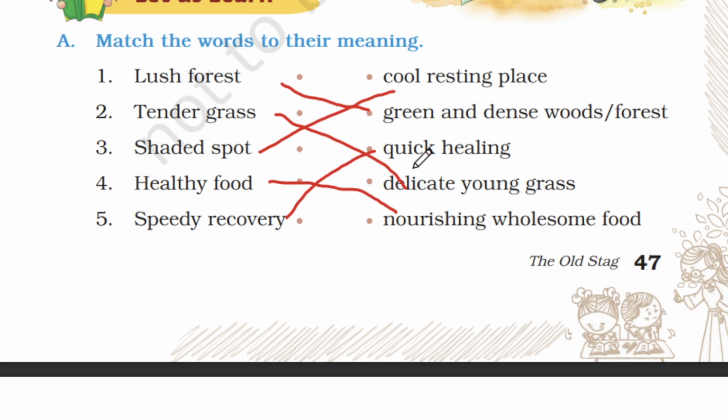Tender grass is baby grass. Shaded spot is like a covered place, a place where we are able to take rest. So, a cool resting place. Healthy food is delicious food which gives a lot of nutrition, a nutritious wholesome food. Speedy recovery, quick healing of our health.